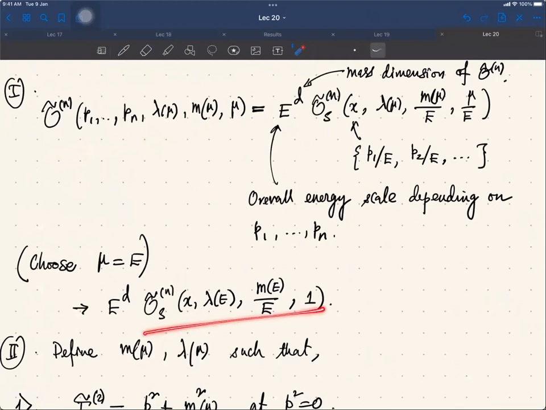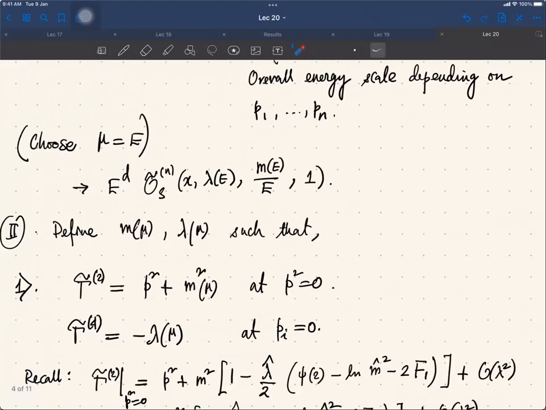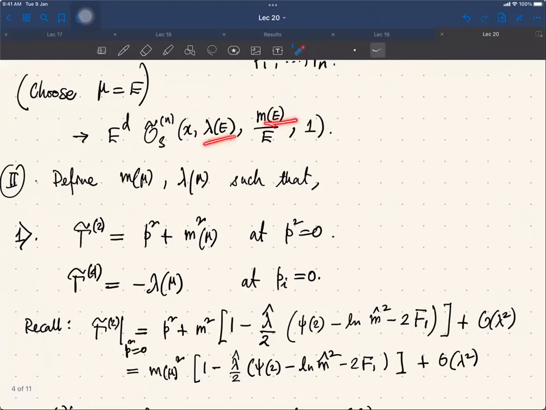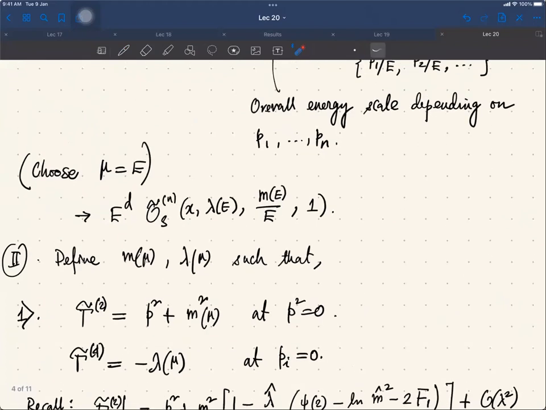Basically, this expression is in terms of both lambda e and m e. Mu is set to be e, as I have chosen; you can choose mu to be e, as I have mentioned before. And that means this expression is a power series in lambda, and at a particular order in lambda you can truncate the expression because you are always calculating things approximately.